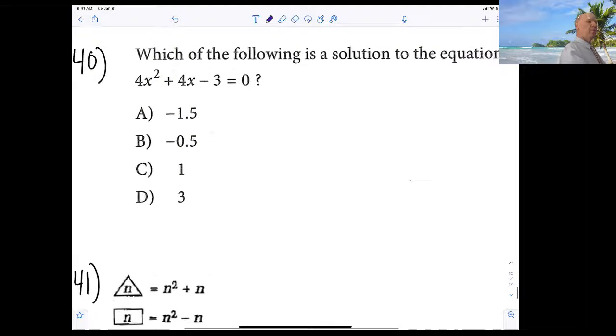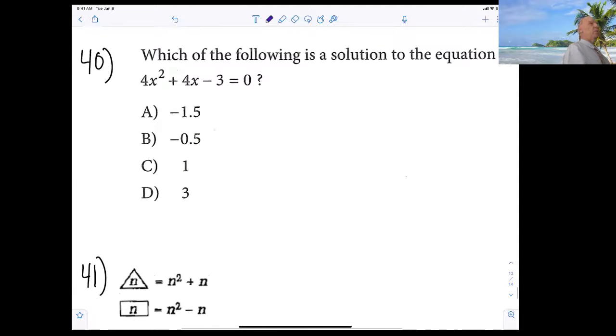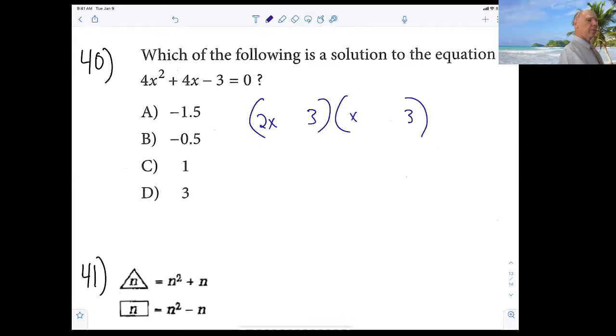All right, so number 40, we just have to do what? Factor. All right. 2x and 2x. 2x and 2.